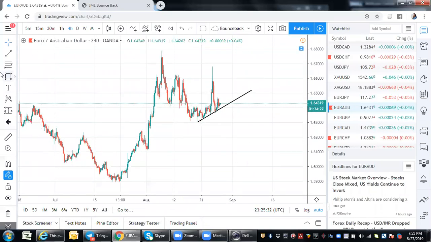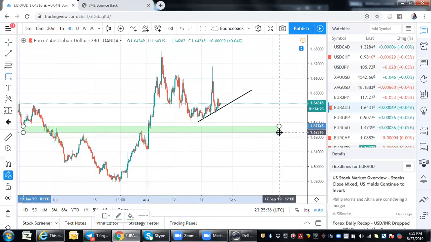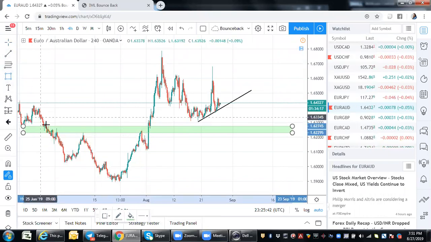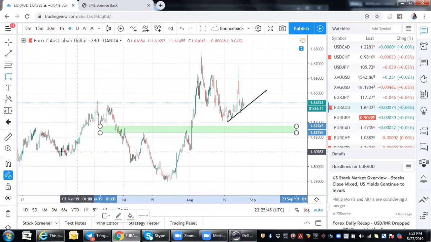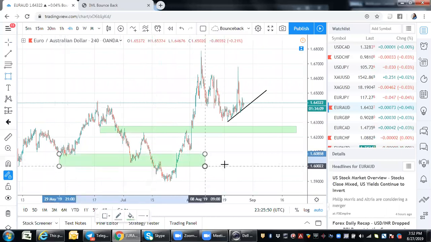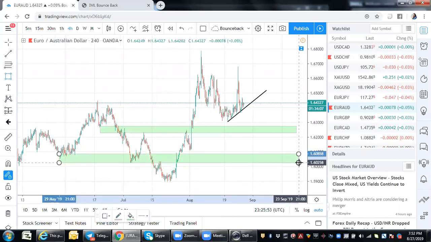Right. Take profit point. Right. That's TP1. See if we can give you some smaller profits. TP2. So this is a longer trade.